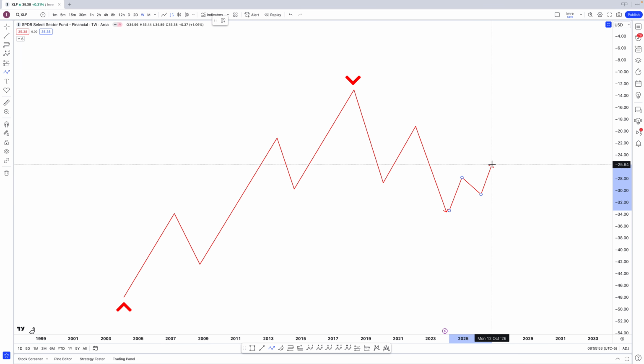If I get this, followed by this, well, now that's new information. I have to rethink things. I have to say, well, this looks quite bearish to me.